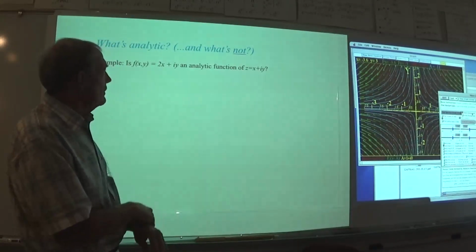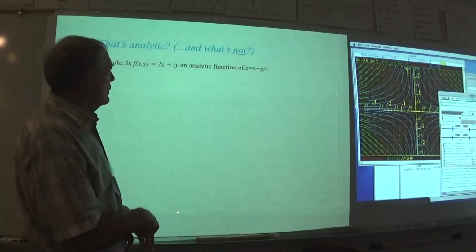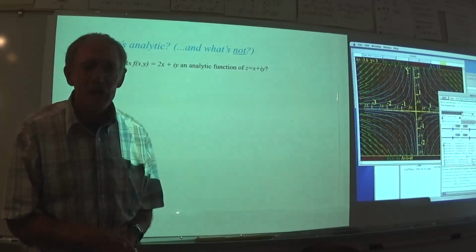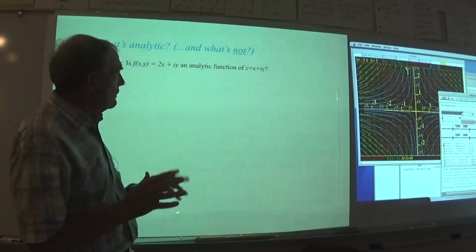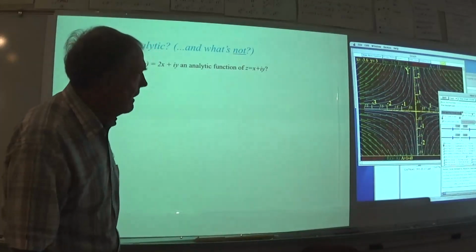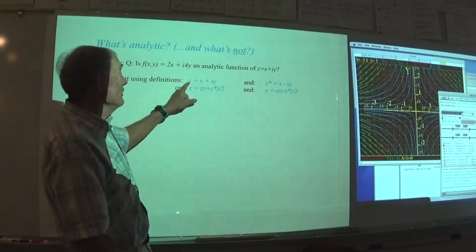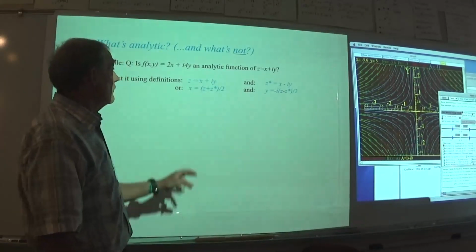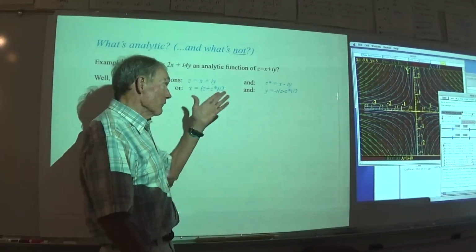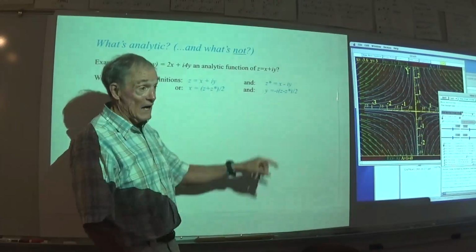But let's take this thing. Is that an analytic function of z? It kind of looks like a nice function. It's well behaved. It's not doing anything singular, right? Is that an analytic function of z? I don't know. Let's test it using the definitions of z and z star, or flip those, x and y.